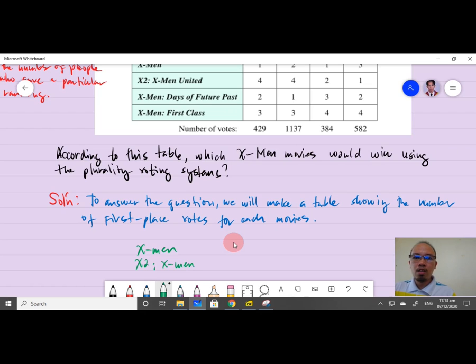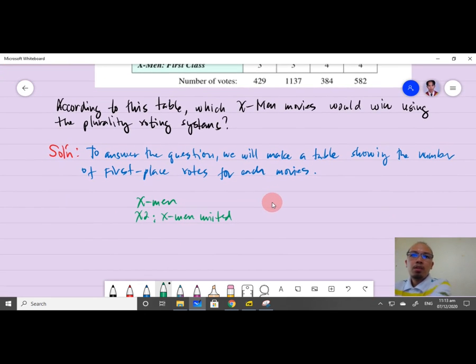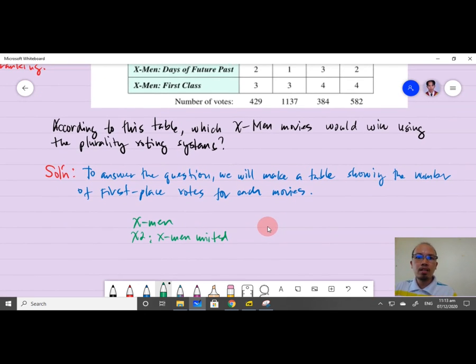Third one is X-Men Days of the Future Past.